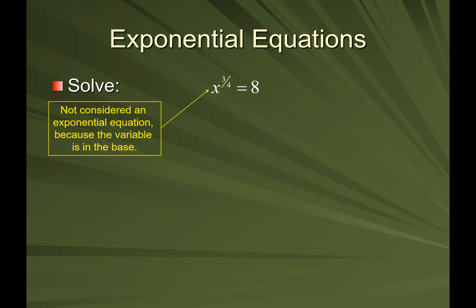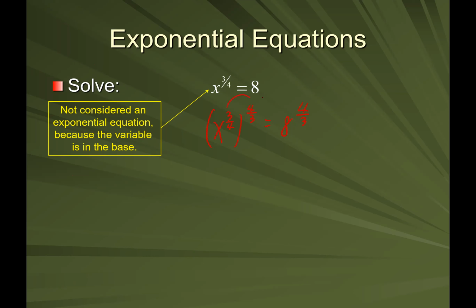And now let's look at this one. x raised to the 3/4 power equals 8. So right here, we use the reciprocal of 3/4, which is 4 over 3. So raise both sides of the equation to the 4 over 3 power. Now 3/4 and 4 over 3 are reciprocals.